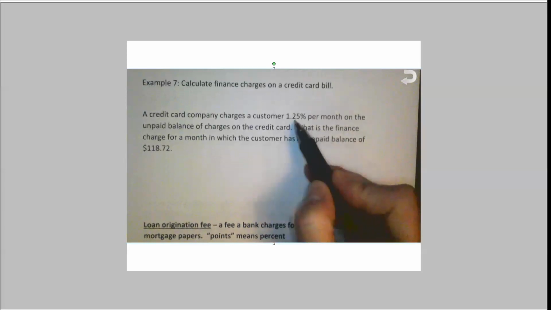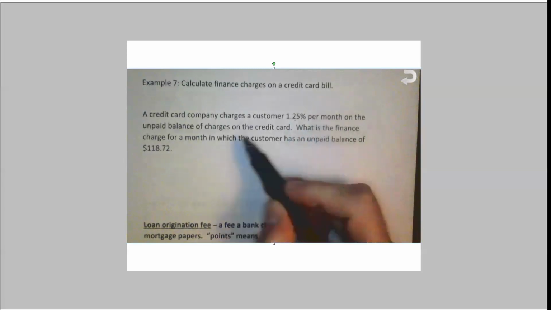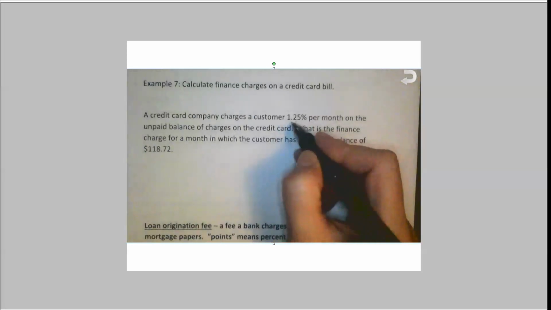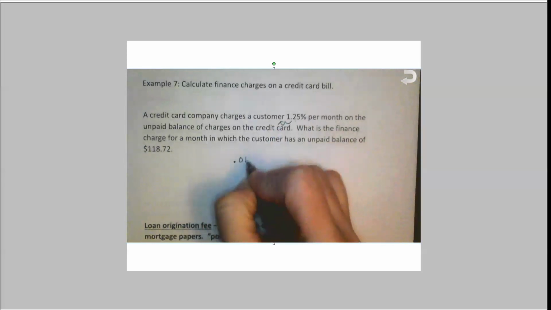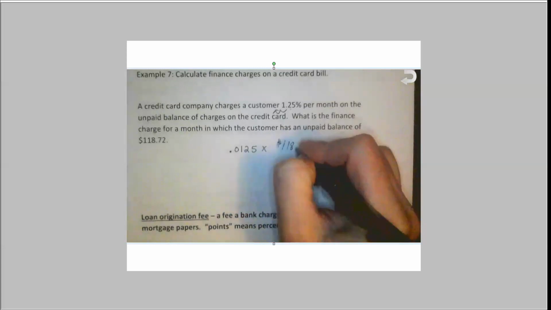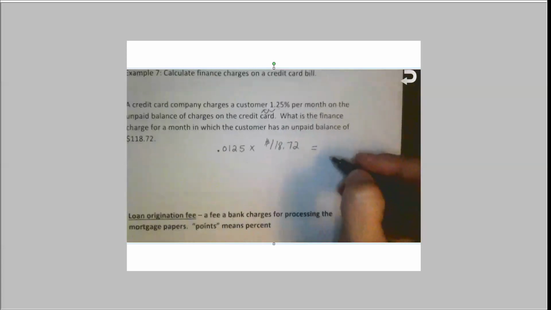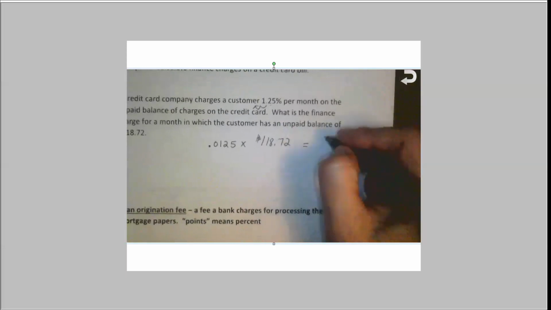So it's 1.25% per month, okay, on that unpaid balance. And this is the unpaid balance. So once again, I'm going to shift that decimal 2 spots to the left. That's 0.0125. We're going to multiply that times $118.72. And that's going to calculate our finance charge, okay?